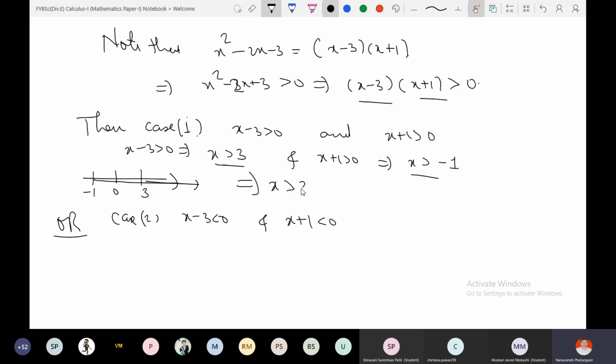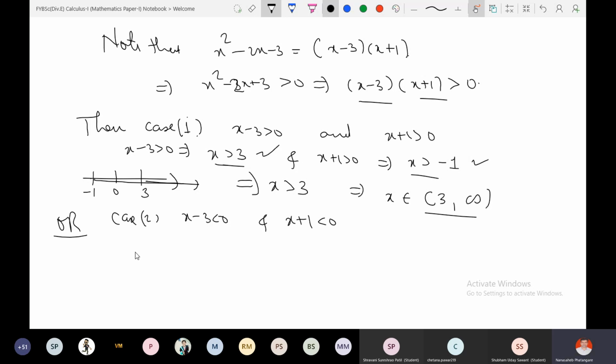So if x is greater than 3, then it satisfies both conditions. That is the intersection, so x belongs to 3 to infinity, that means x up to infinity and not equal to 3, so that you can understand this notation.